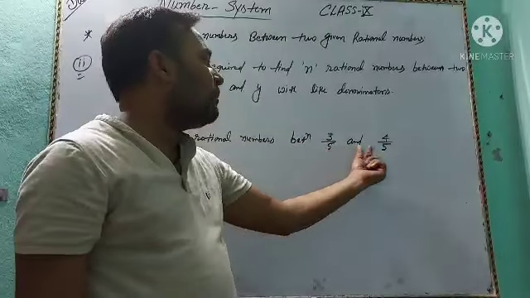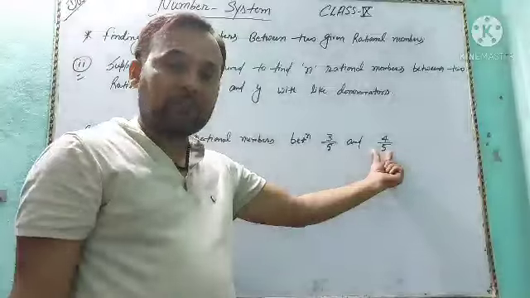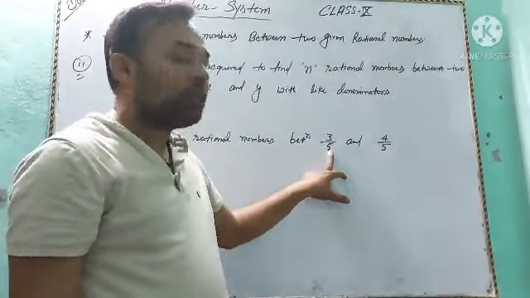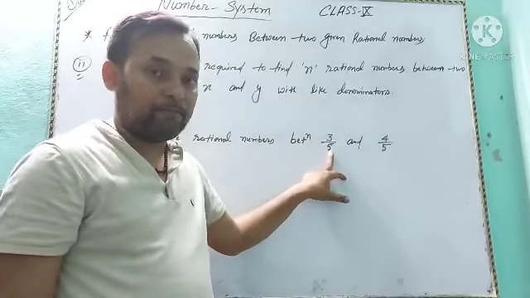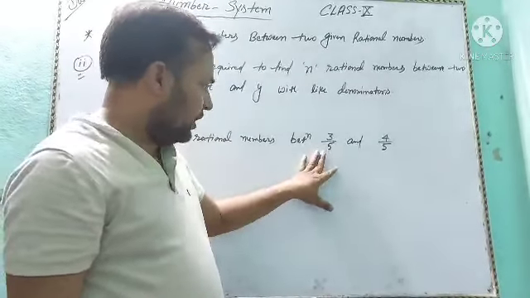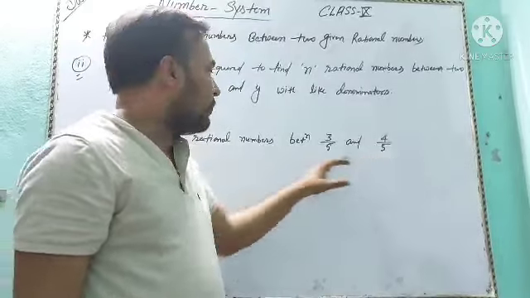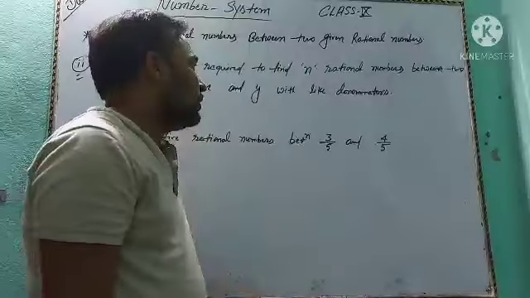So 3 by 5 and 4 by 5 are the two given rational numbers, and the denominators of both are the same. Find 5 rational numbers.